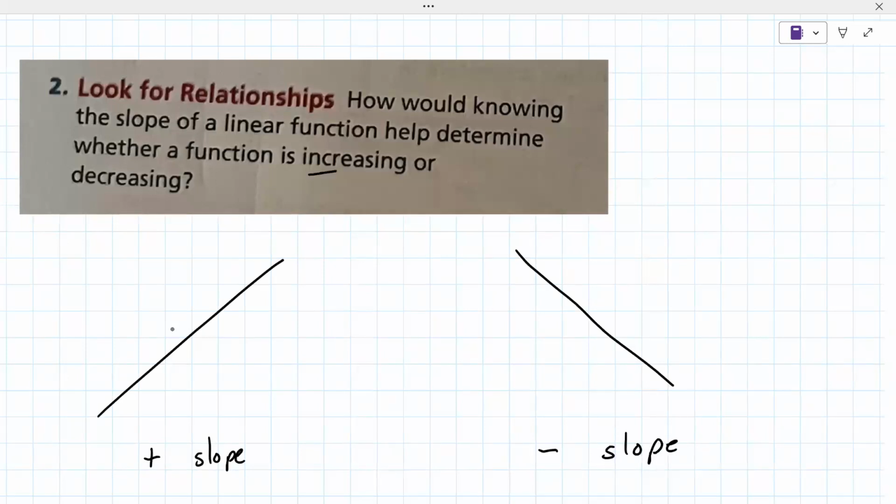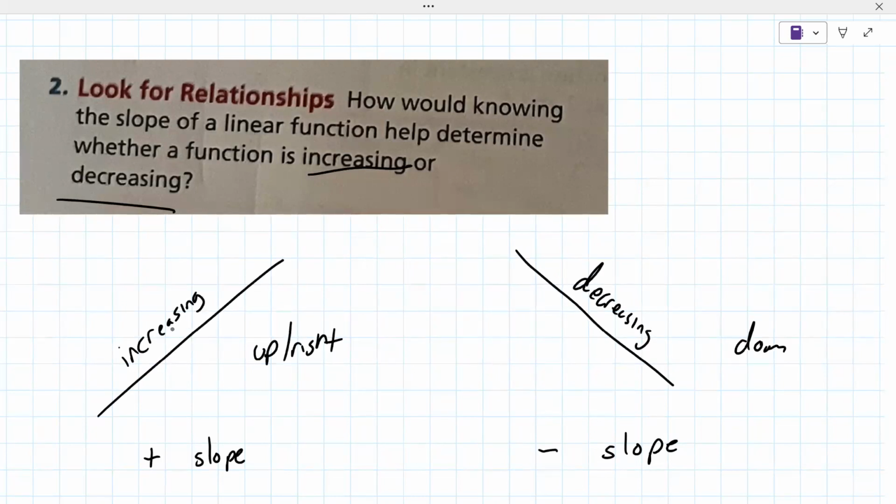Do you remember which one is increasing and which one is decreasing? The positive one is increasing. Increasing means it's going up and to the right. That means this other one is decreasing, which means it's going down and to the right.